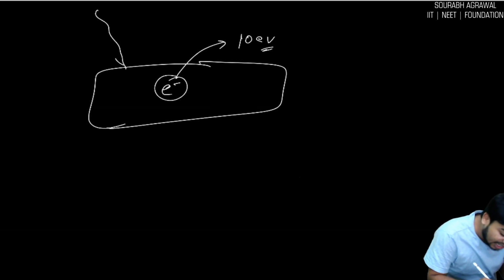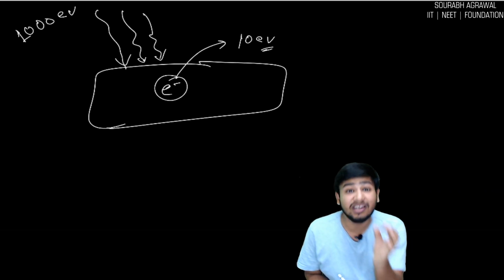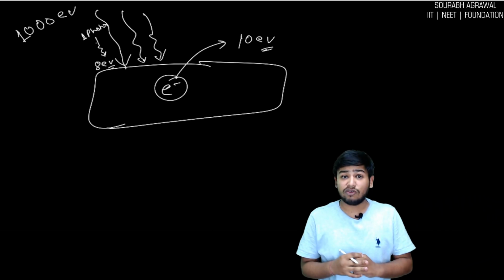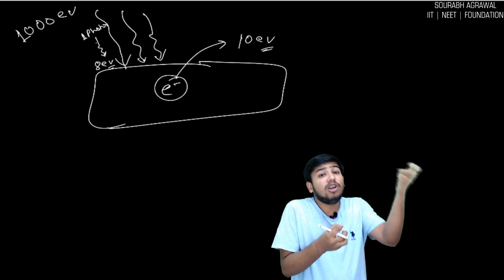Now the light that you are giving has a total energy of 1000 electron volt. But the energy of one photon is only 8 electron volt. Now, it is said that one electron can take energy from only one photon.